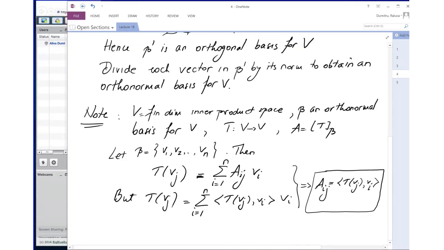So the ij entry of A is the inner product between T of Vj and Vi. So pretty easy, right, to compute now. But again, we're working under the assumption that the space is not only a vector space, but an inner product space. So we have additional structure on V, which we didn't have before, and that's what makes things simpler. And of course, beta is orthonormal.